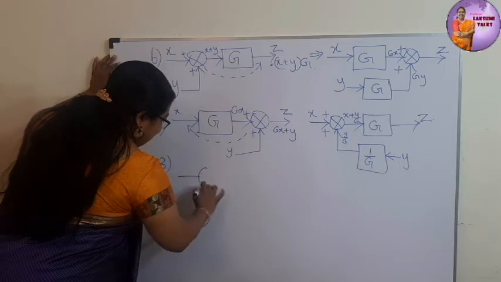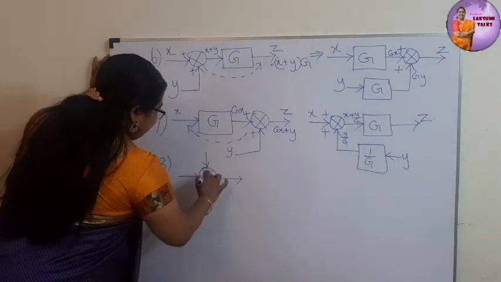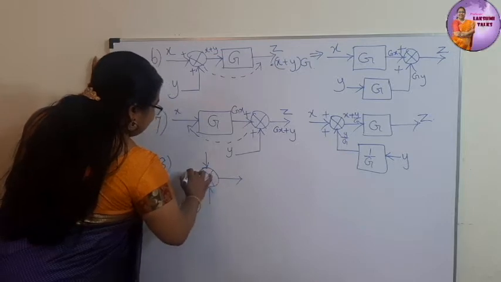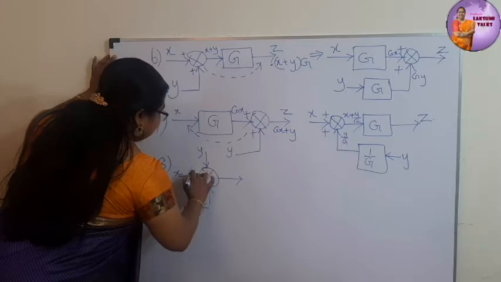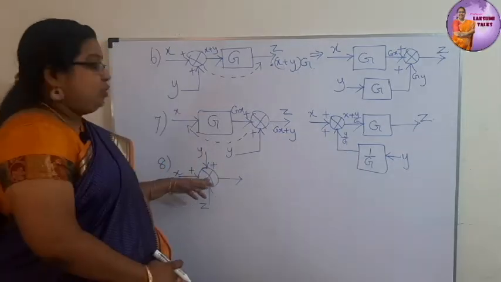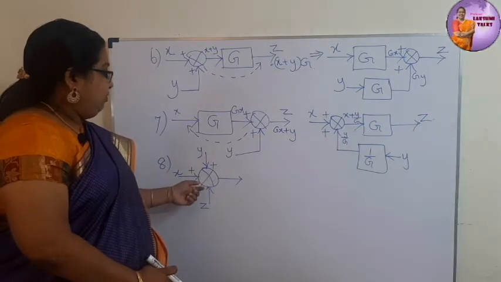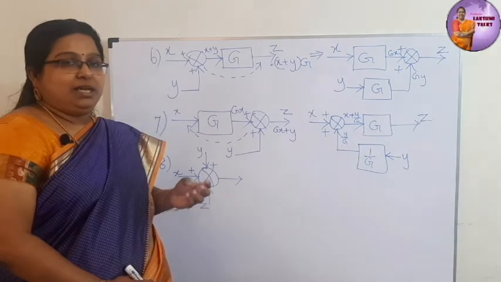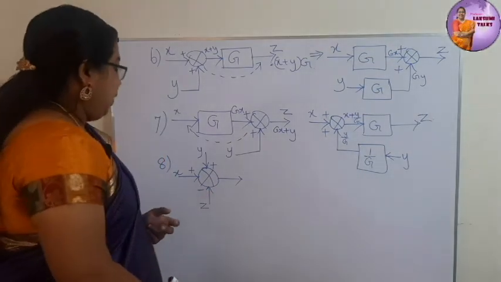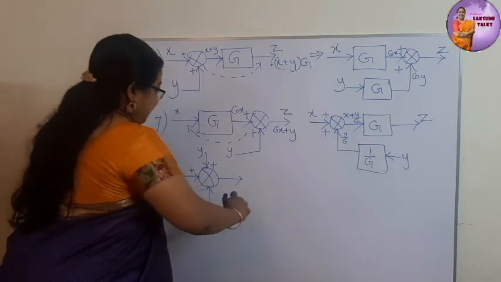Next we will see how to split the summers. We have already seen that a summer can accommodate a maximum of 3 inputs, right? Whenever you want to split a summing point, this is needed in case of a feedback path as well as parallel blocks, when blocks are connected in parallel. So how can we split this?